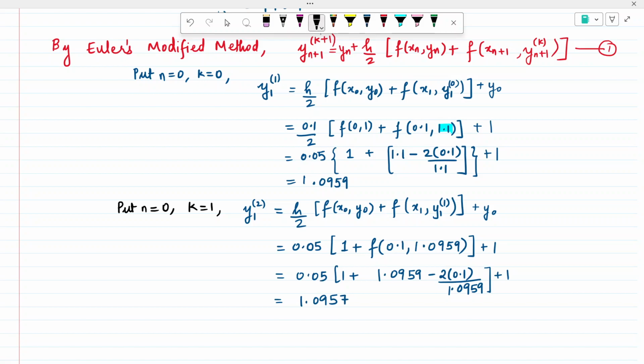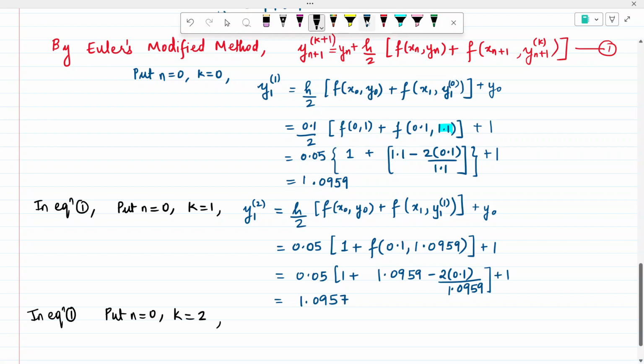So now the values are close, but they're not exactly the same, and they have not told you after how many steps to stop. So we will now put, okay, this we are doing in equation number 1. In equation number 1, we are putting these values. So now in equation number 1, I'll again put n is equal to 0, but this time I'll put k is equal to 2.